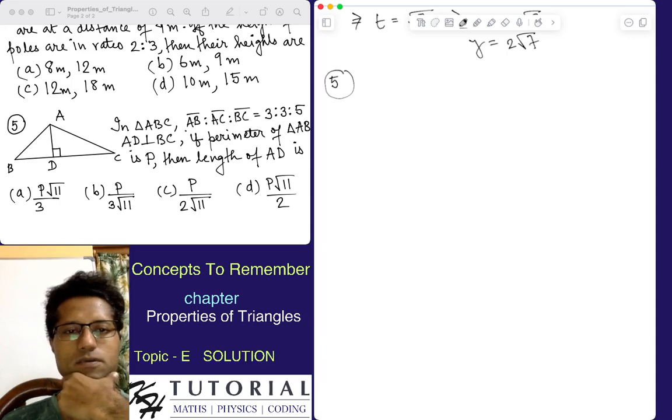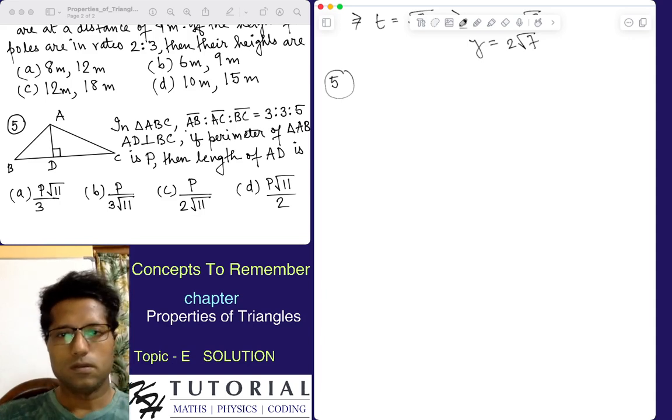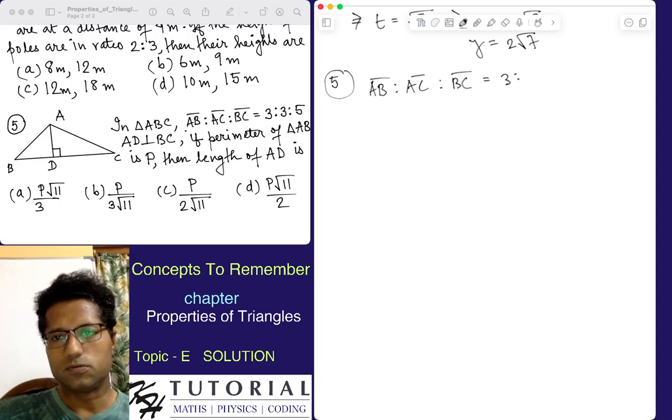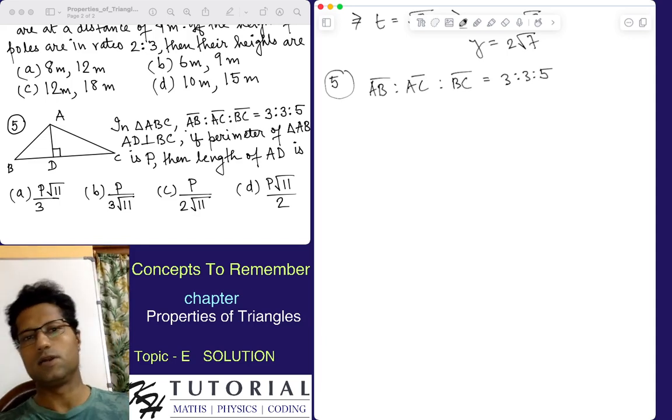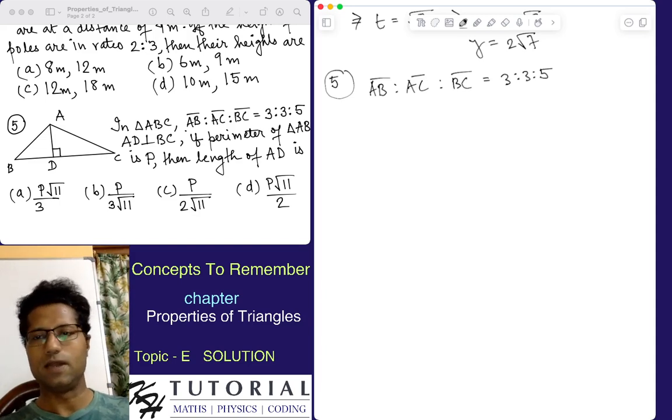In triangle ABC, the ratios are given. AB is to AC is to BC is given to be 3 is to 3 is to 5. We can see the two terms in the ratio are same, which means that two sides in triangle ABC will have the same length.